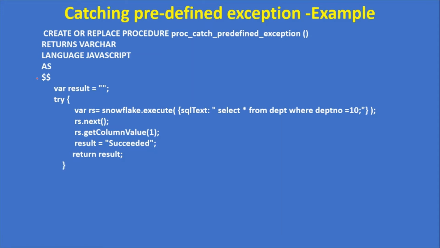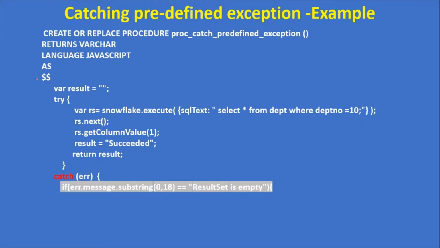Once the try block is over, then you need to start the catch block. From that catch block, you have to catch result set is empty, which is one of the predefined exceptions. This is usually used to know whether a given query has been returning results or rows or not.